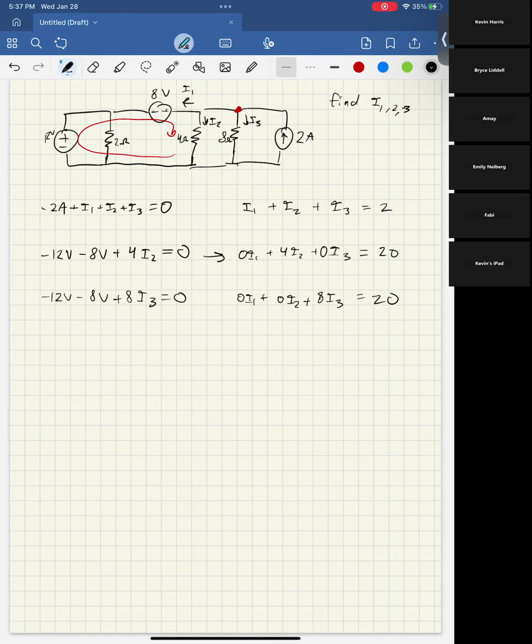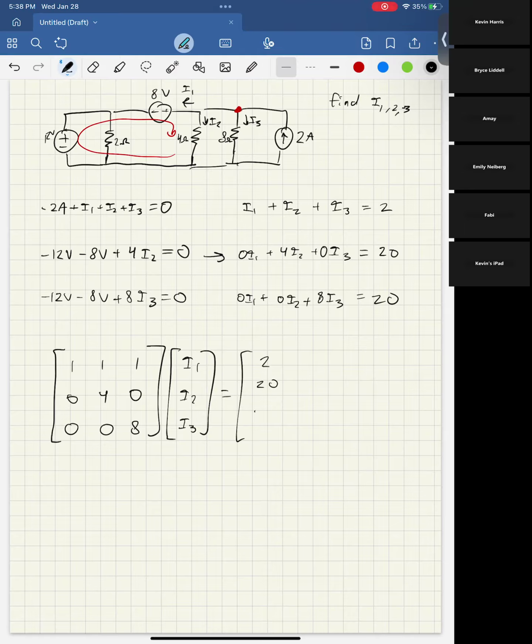And then if you want to solve this with matrices, for those of you who have done matrix multiplication, you could represent this as a matrix equation like this. Right? So that's how you represent it in matrix form.